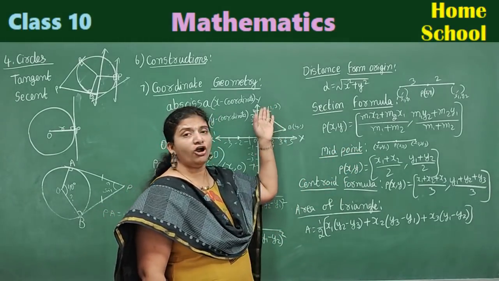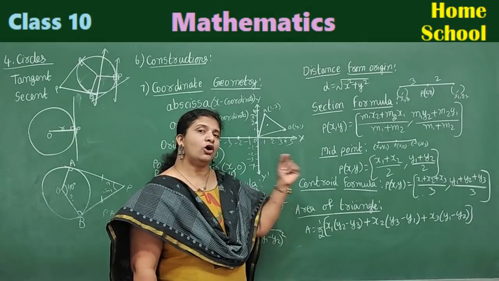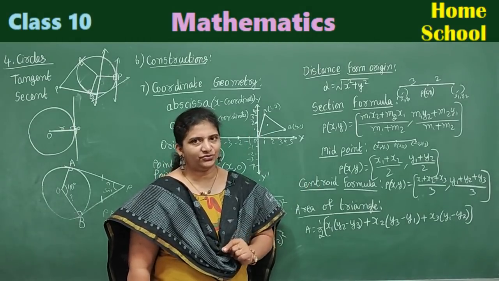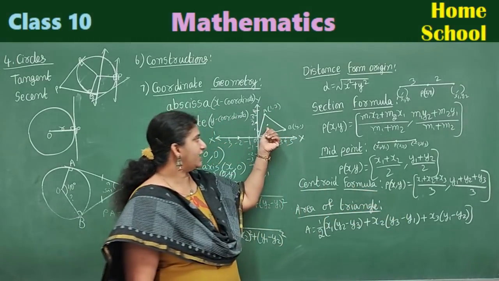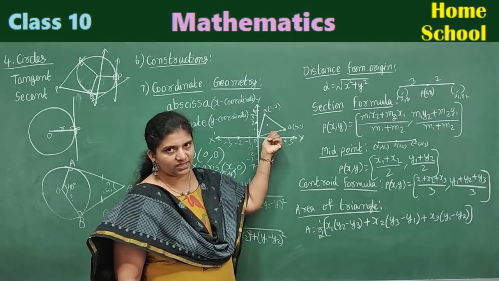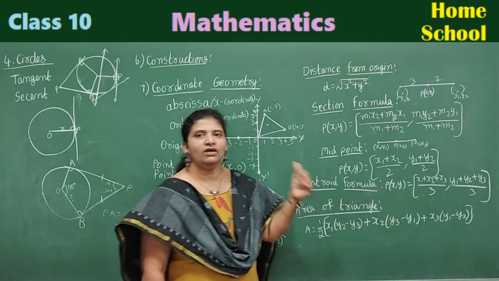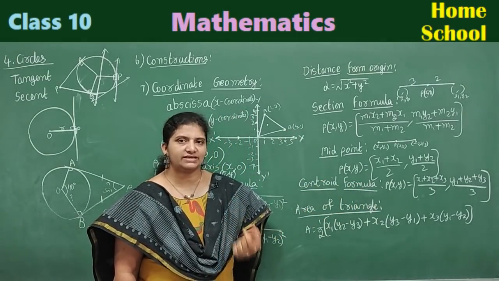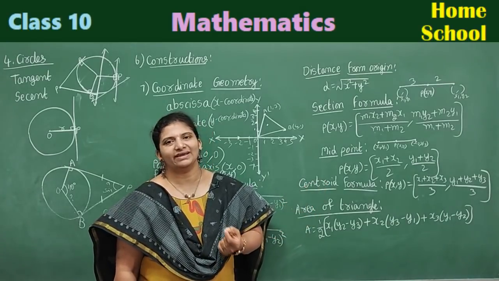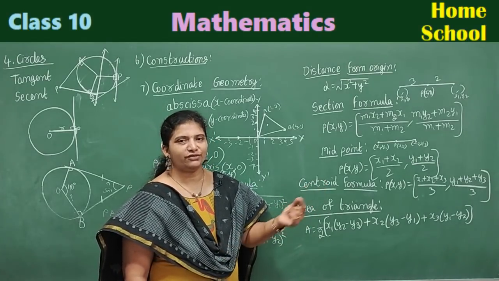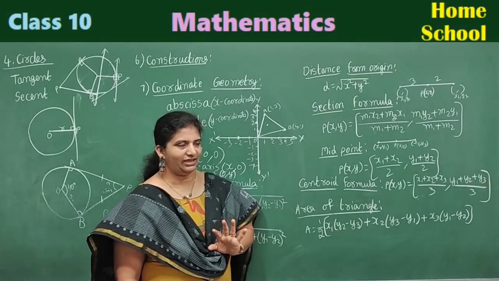And now 3 coordinates, middle means 3 coordinates add and divide by 3. That is P(x, y). This centroid coordinate is P(x, y) is equal to (x1 plus x2 plus x3) by 3, comma, (y1 plus y2 plus y3) by 3, will give you the centroid of a triangle.